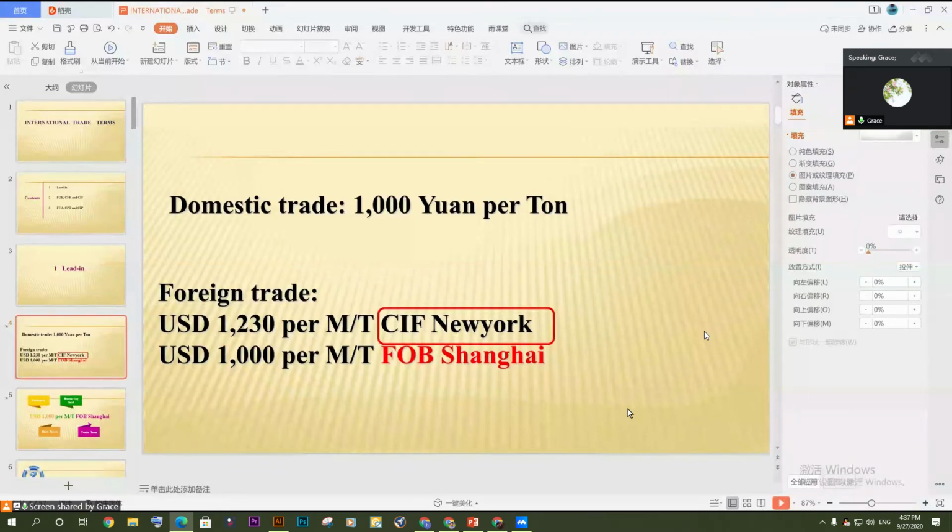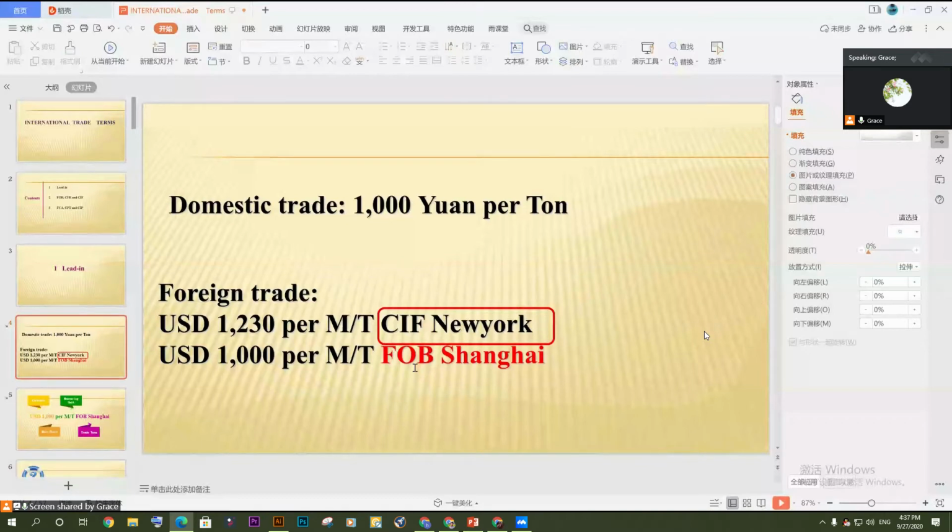That is because of the coverage and the insurance. But if we just see it in a general way, it's because of the different obligations between the buyers and sellers.